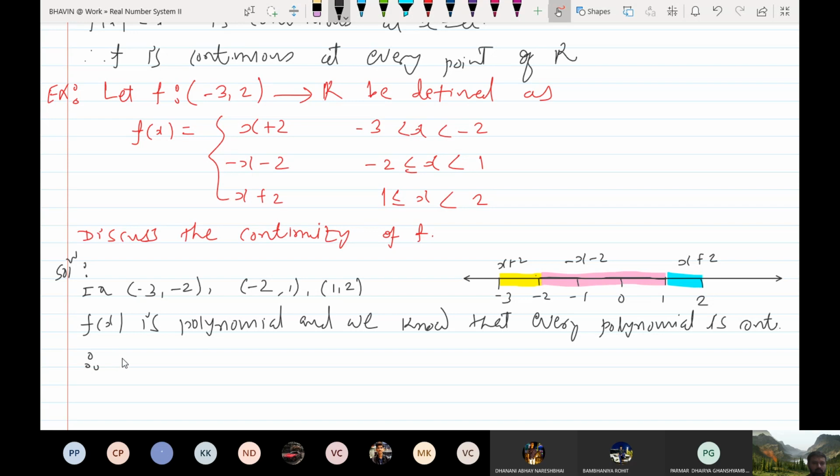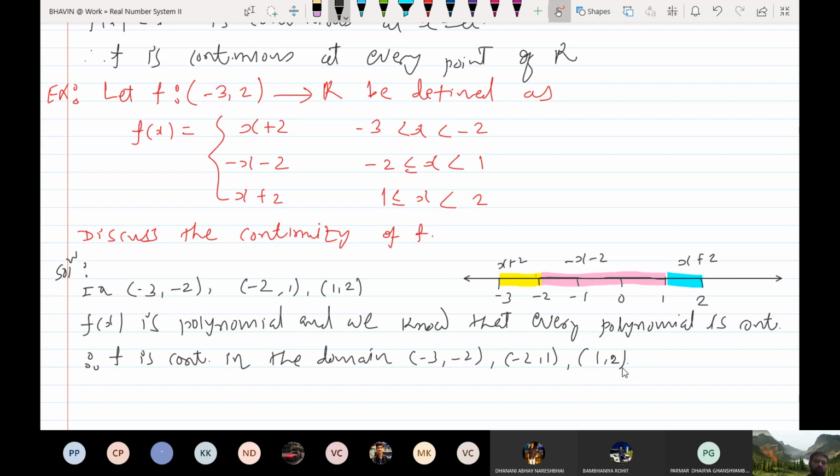Therefore, f is continuous in this domain, minus 3 to minus 2, minus 2 to 1, and 1 to 2.